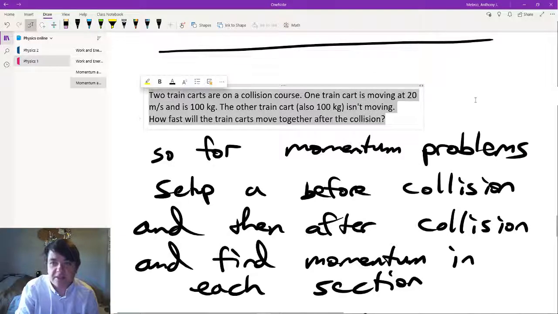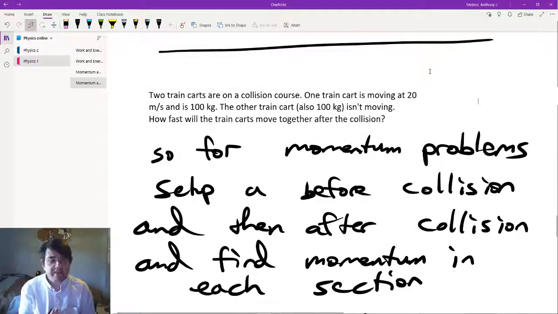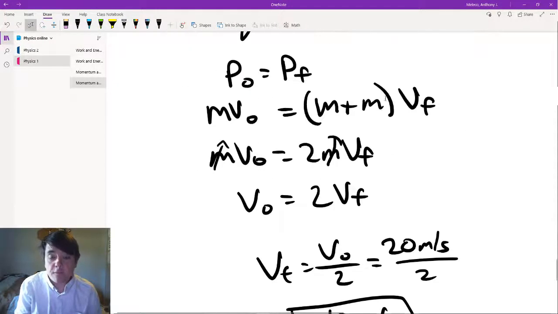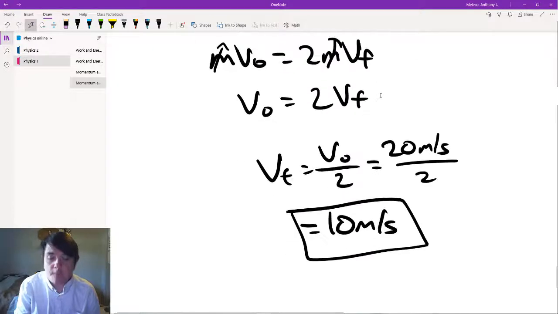Unless you're explicitly told that it's elastic, like you have 2 elastic balls, 2 rubber balls, there's some hint that it's an elastic collision, don't treat it as an elastic collision. Treat it always, baseline, as an inelastic collision, unless you have reason to believe that it's elastic. In other words, we're not going to conserve kinetic energy here, but you can always conserve momentum. So you always want to start with that as your baseline, okay?